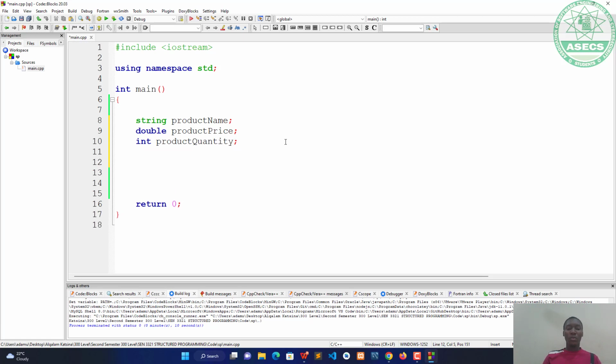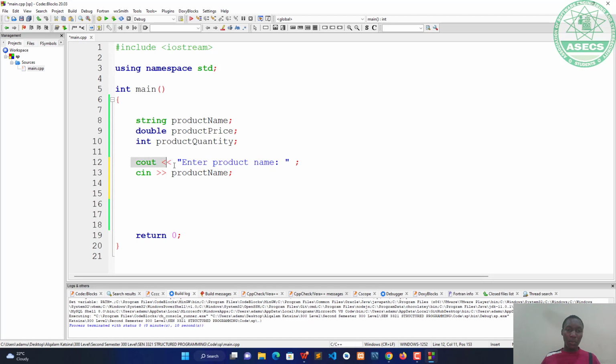Alright. So now the next thing to do is what? Cout. We want to enter that information. I can just say cout enter product name and leave it like that. Then the next one should be what? Cin. Now we have done the output, now we want to receive the information the user will type from the computer keyboard. Then I will just write product name. So it's almost the same thing.